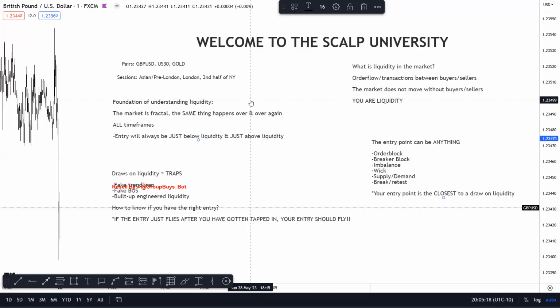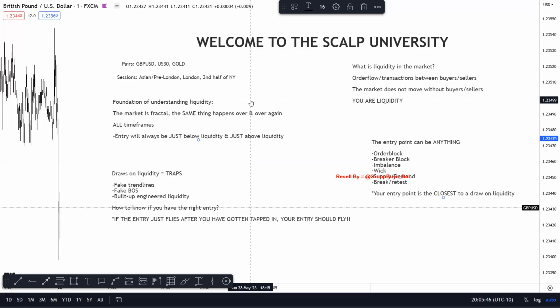And understanding entry points can be anything within the market, literally anything. If you trade a certain concept, for example, if you are a trader that is very familiar with ICT concepts, then you would understand the basic terminology for where your entry points would be, versus somebody that does not trade ICT concepts.